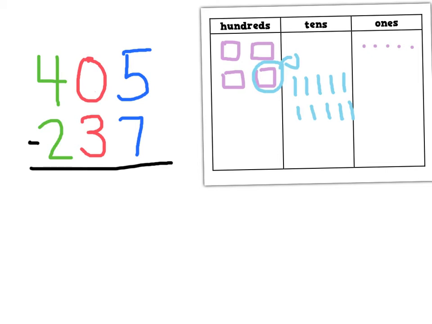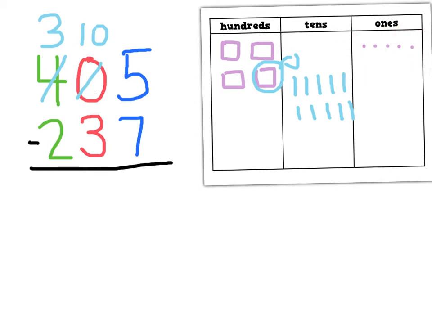I need to show that. 3 hundreds. Let's look at our tens. 1, 2, 3, 4, 5, 6, 7, 8, 9, 10. That's right, 10 tens. I can now look at my ones.